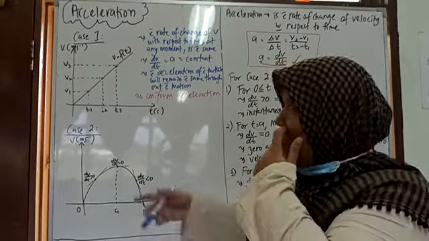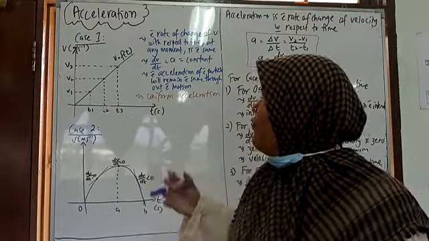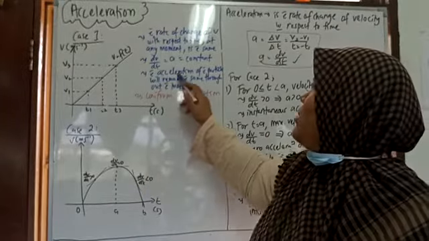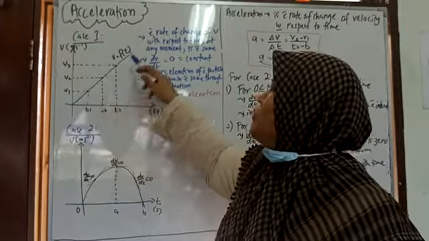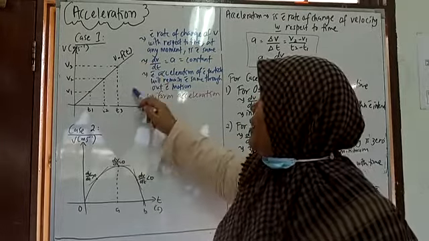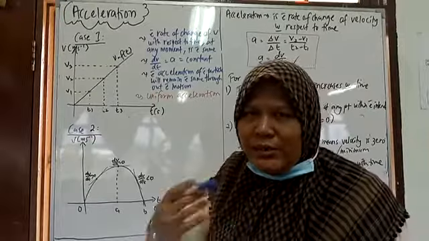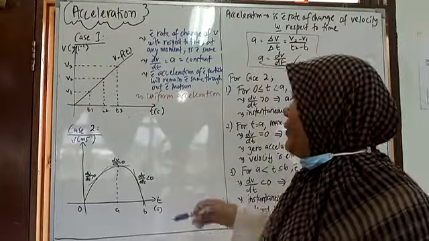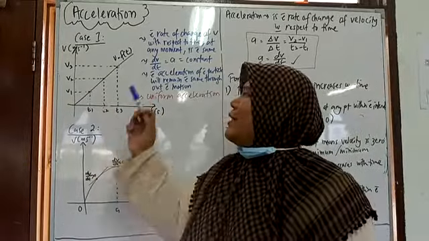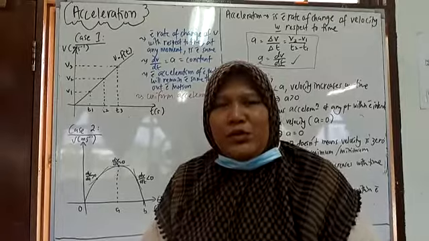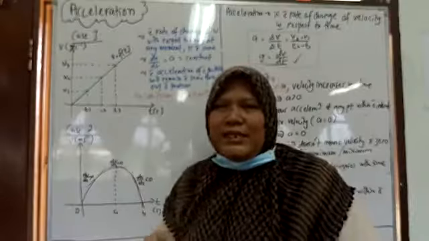Understand? So in this case, a will be equal to a constant value, and the acceleration of the particle will remain the same throughout the motion. From here to any second at this t of n, the dv/dt, or the acceleration, will remain the same. That's what we call, in this case, uniform acceleration. So this is case 1.